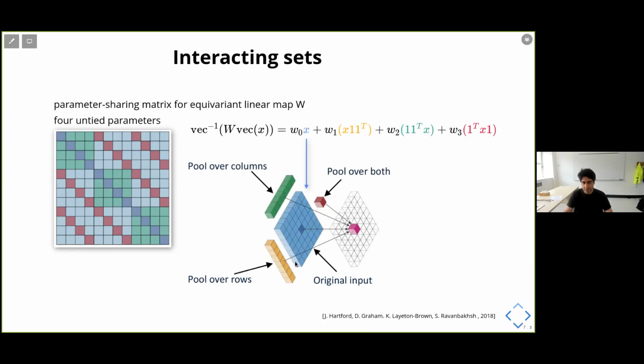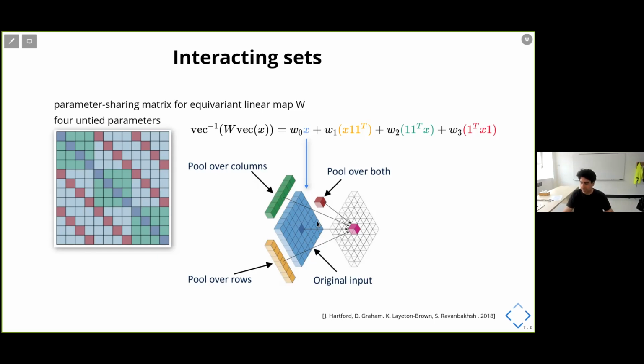If we have an input interaction matrix, like a patient-gene matrix, suppose it is this blue grid here, multiplication by this matrix can be thought of as first doing pooling over rows, pooling over columns, pooling over both rows and columns, and no pooling at all. And associate each of those with a different parameter, W0, W1 to W3, and then do broadcasting as necessary.